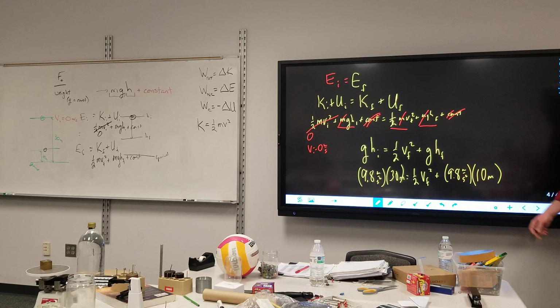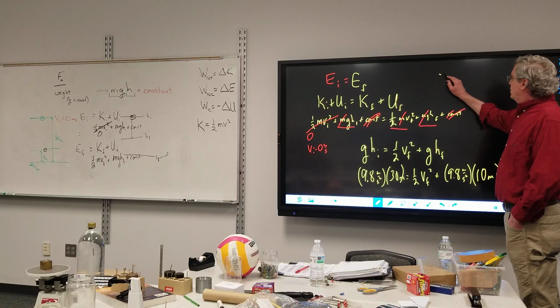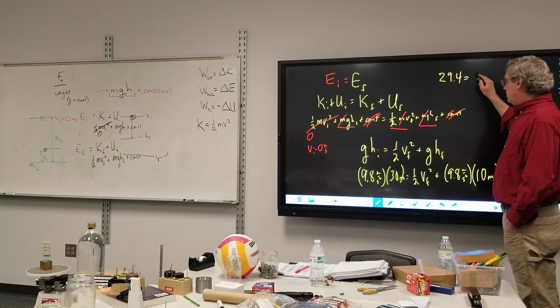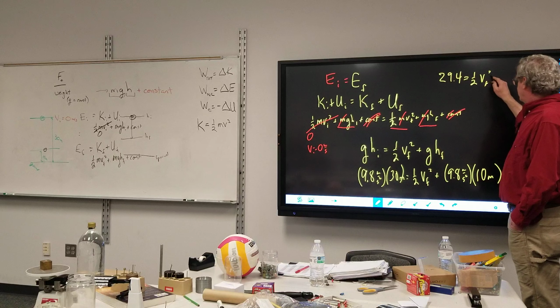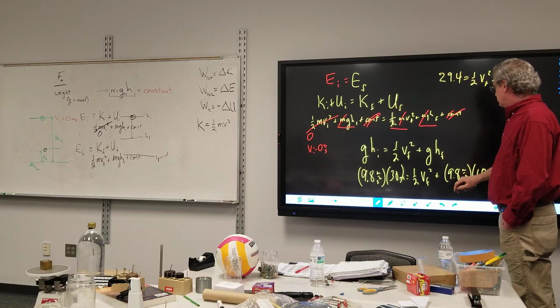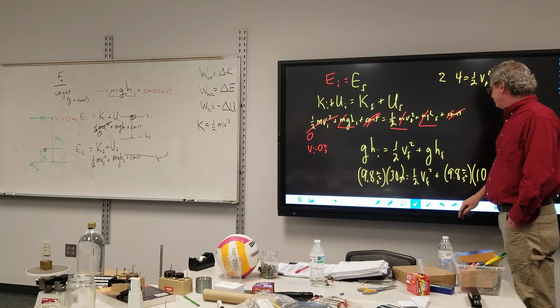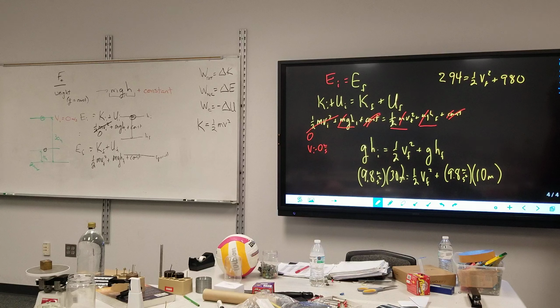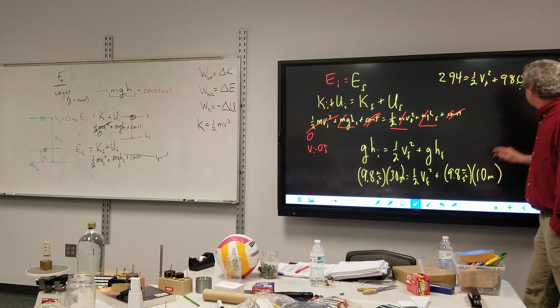If I multiply some stuff, I've got 30 times 9.8, which is 29.4. That's not right, that's 294. That is still not right. Oh, because that's wrong, that's 98. There we go.